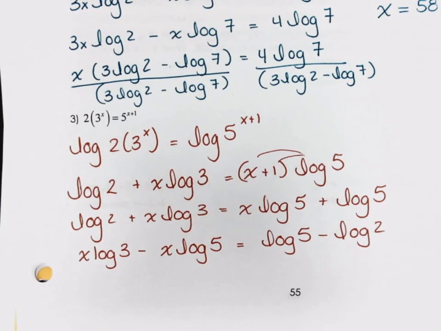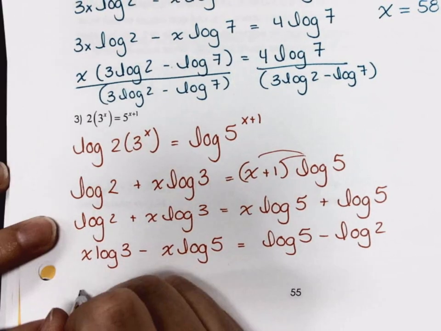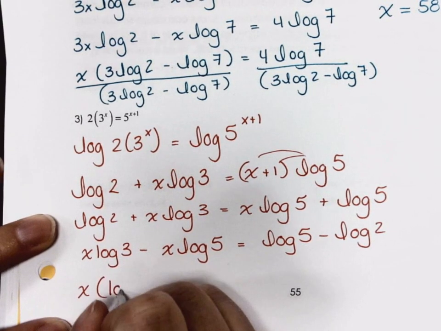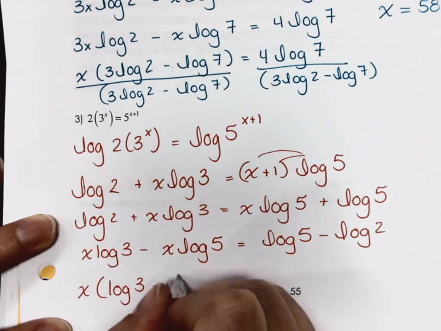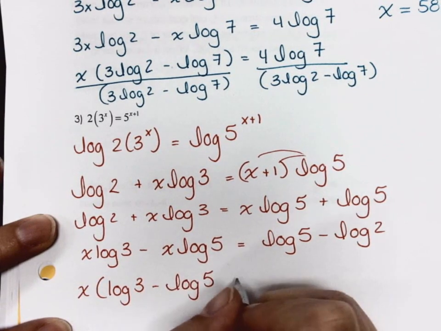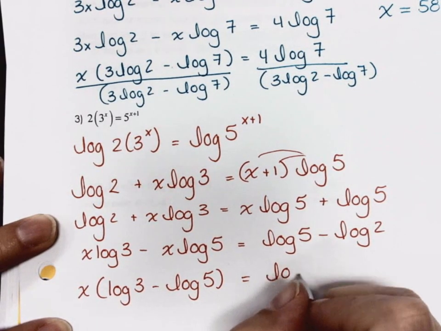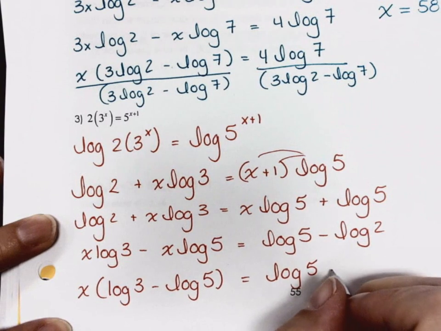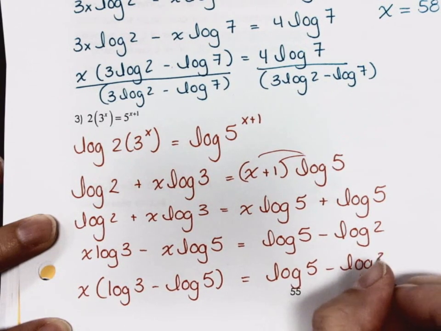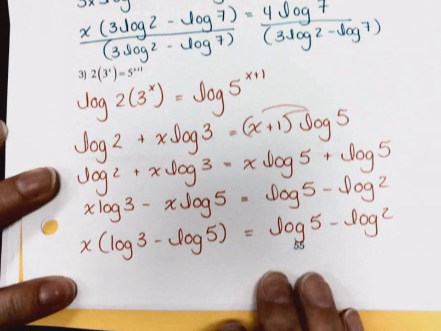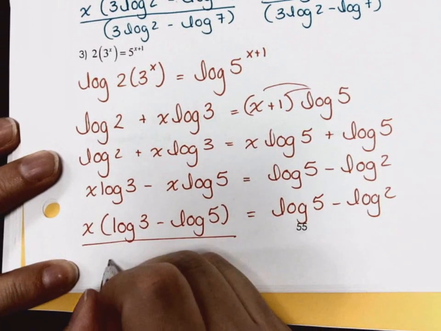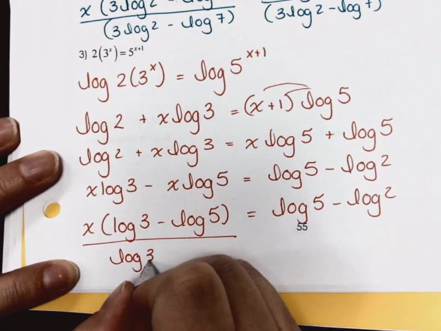What's the next step? Common factor of the x. And then we are going to isolate the x by dividing out what it's being multiplied by.